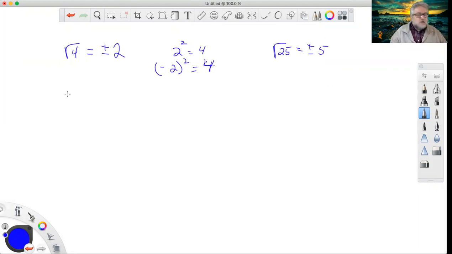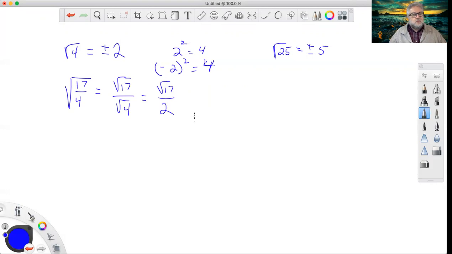Secondly, if I do square root of 17 over 4, that's the same thing as square root of 17 over square root of 4, which is the same as square root of 17 over 2. We cannot leave a fraction underneath a square root sign.